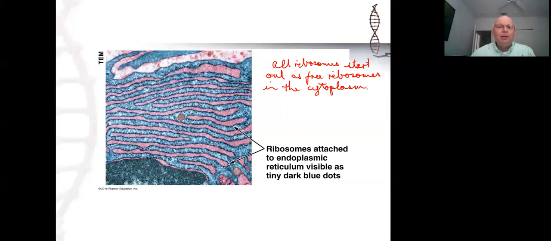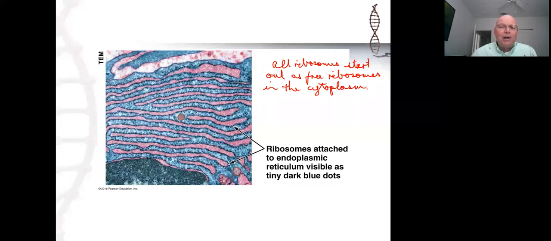So if the ribosome is making polypeptides that are going to enter the endomembrane system, then the ribosomes move from the cytoplasm down to the surface of the rough endoplasmic reticulum. And all of these little black dots that you can see attached to the surface of the rough endoplasmic reticulum and make it look rough, those are actually ribosomes that are assembling polypeptides that are going to enter this endomembrane system that I've referred to.